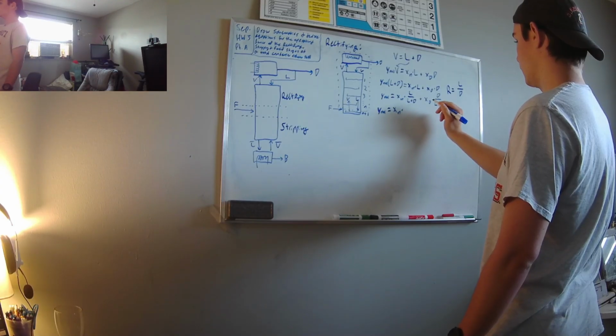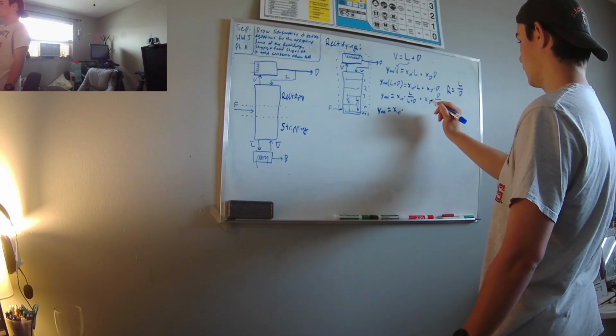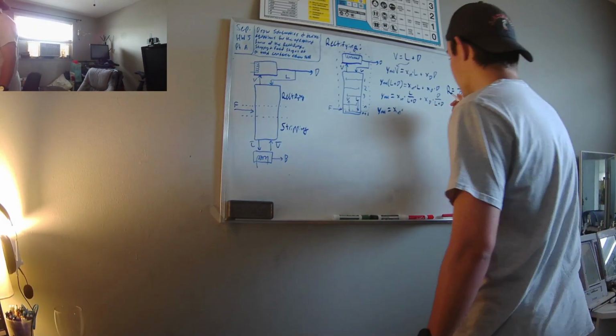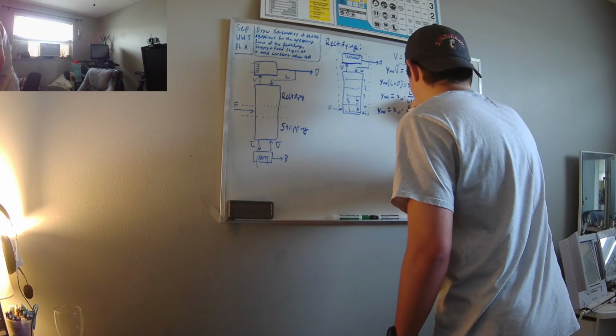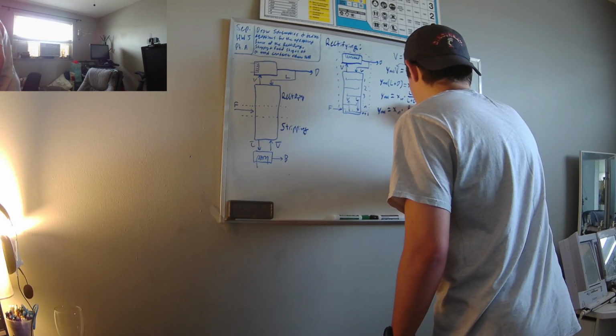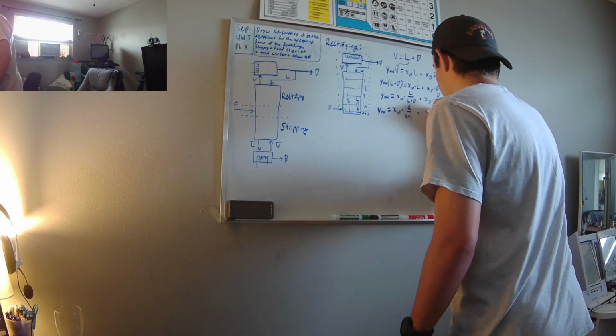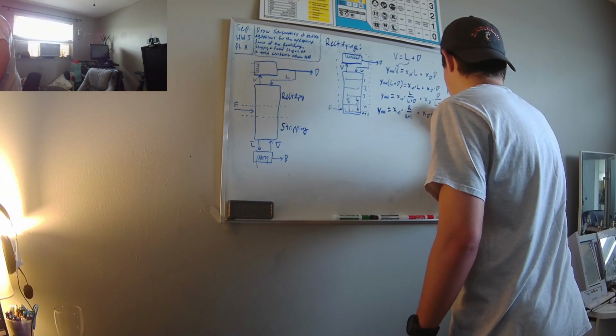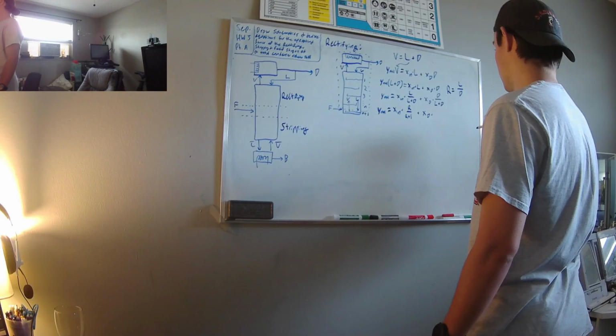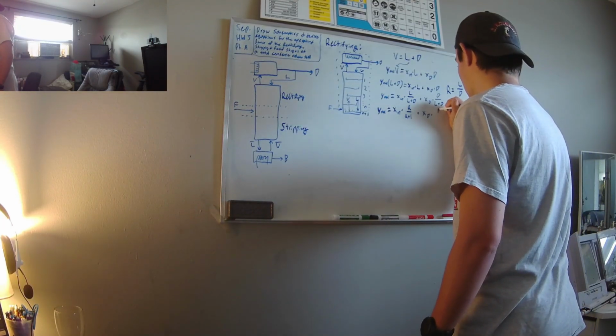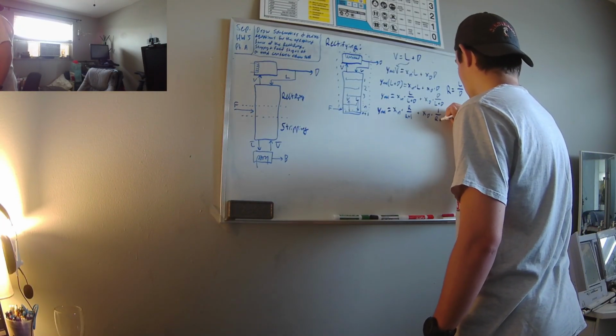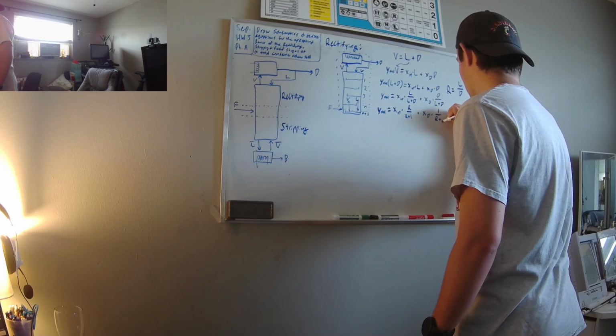Plugging in, I believe this gives us R over R plus 1, plus x_D times 1 over R plus 1.